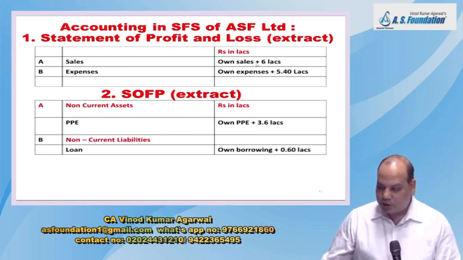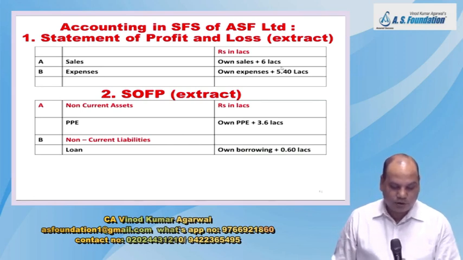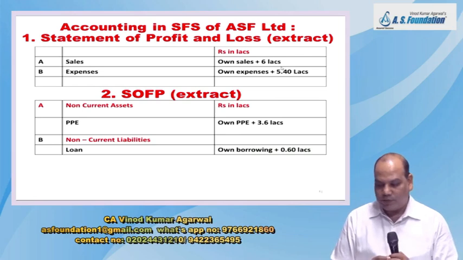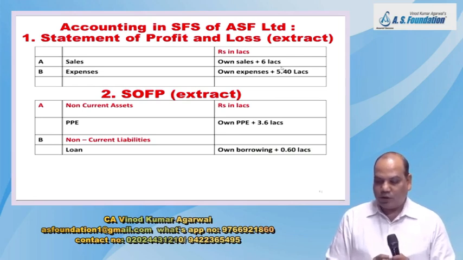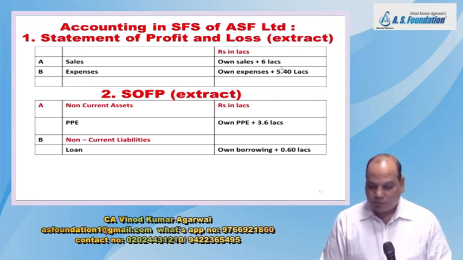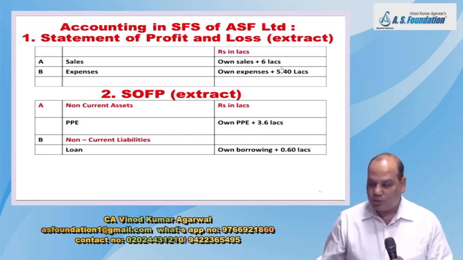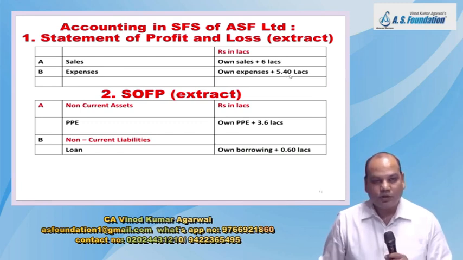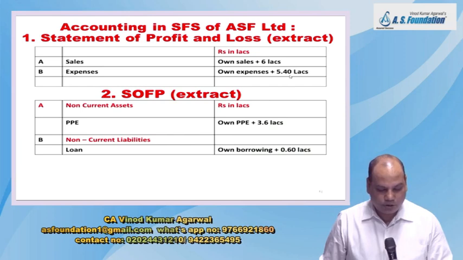Assuming they have agreed to share in the ratio of 60:40, the ratio of sharing for all items is 60:40. So 6 lakh, 60% of 10 lakh. And point B, expenses: own expenses, plus 60% of 9 lakh. 60% of 9 lakh is 5.40.